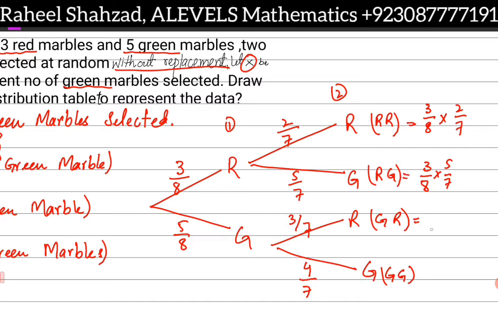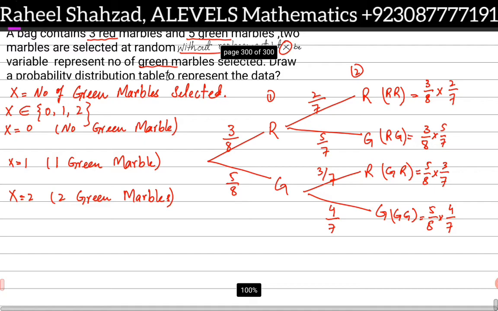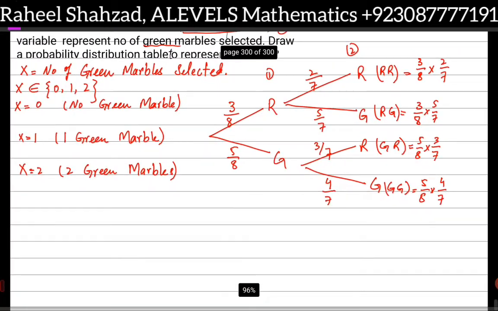Then third one is green and red, that is 5 by 8 into 3 divided by 7, and the fourth one is 5 by 8 into 4 by 7. Now these are the possible options that we have. Now let's come back to putting the values and draw our probability distribution table here.